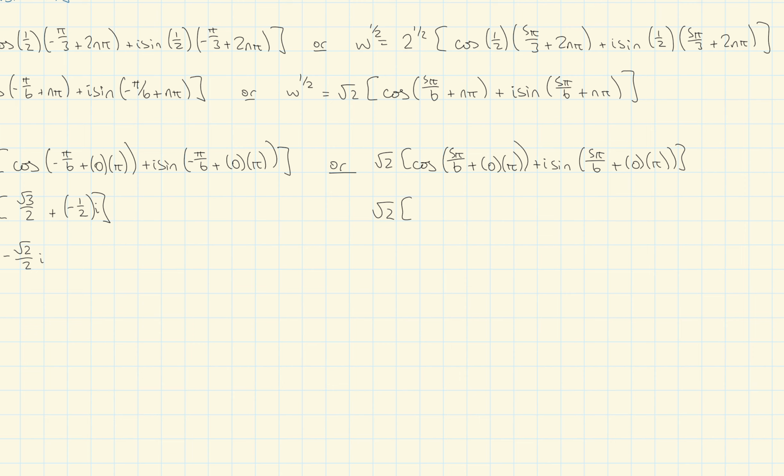So that's root 2 cos of 5 pi over 6 plus 0 times pi, which gives me minus root 3 over 2.